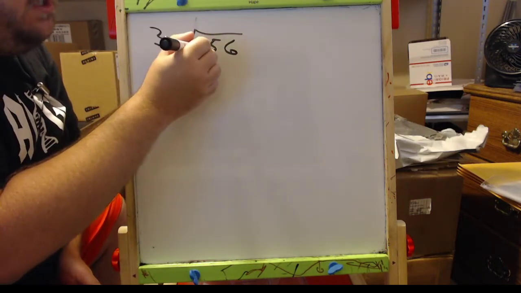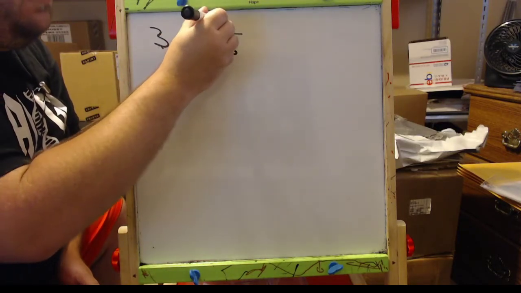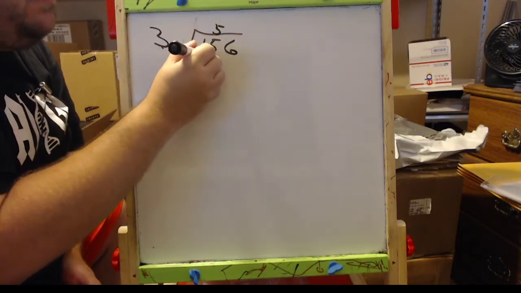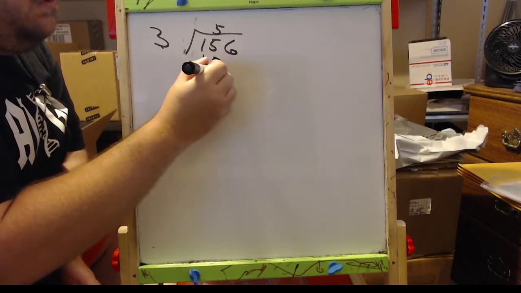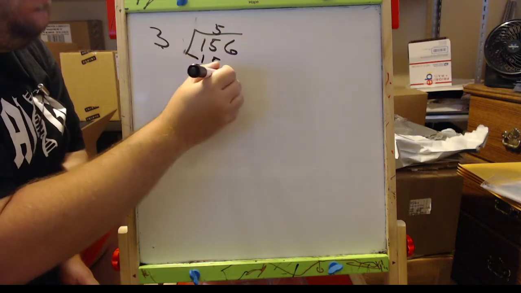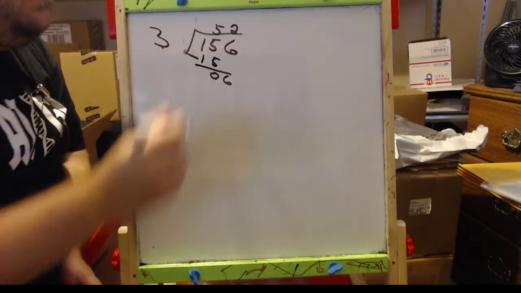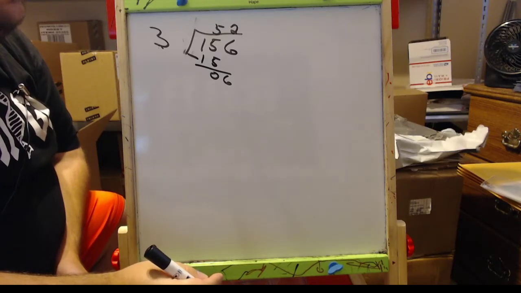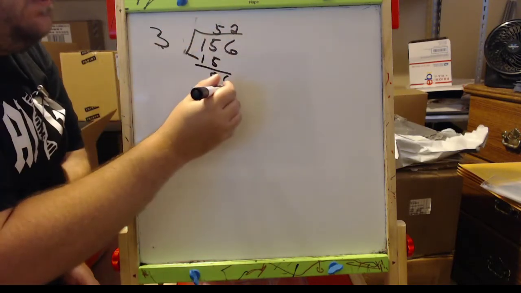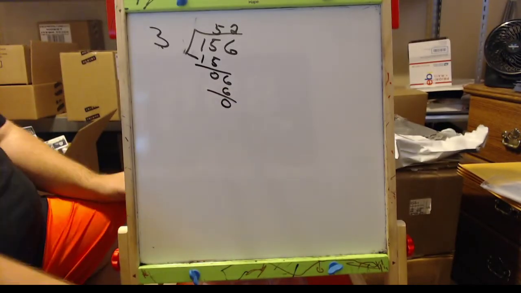If the number doesn't go into the first number, you go to the next number. 3 goes into 15, though, 5 times. 5 times 3 is 15. So now we subtract here. 15 minus 15 is 0. Bring down the 6. 3 goes into 6 twice. Okay. 3 times 2 is 6, and we are left with a 0.